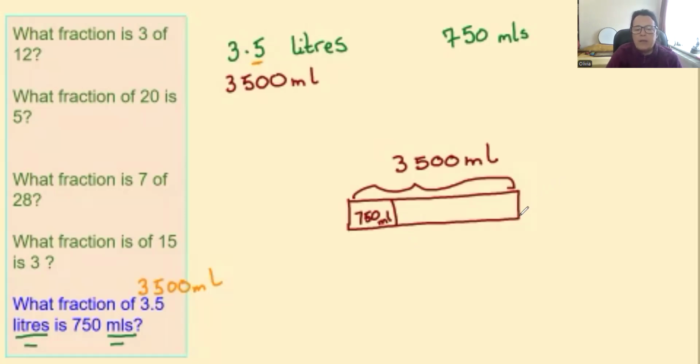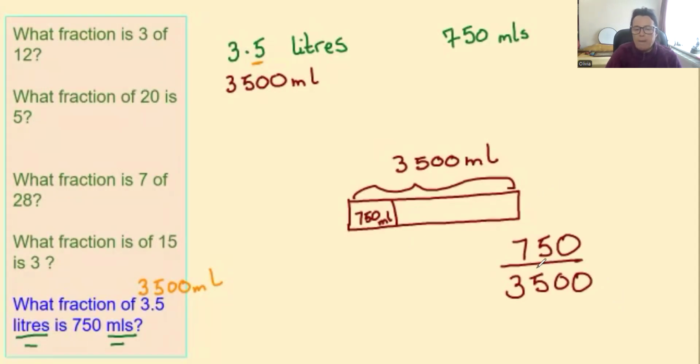And the answer, writing this as a fraction: my total amount, my denominator, is 3,500. And the part that I've shaded in is 750. So it is 750 over 3,500. That is the fraction. The answer is 750 out of 3,500.